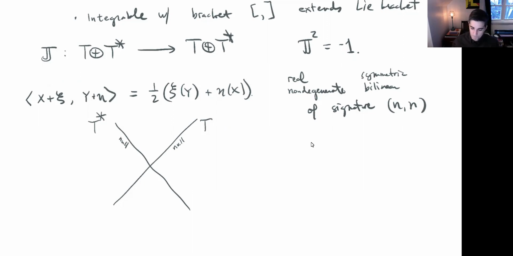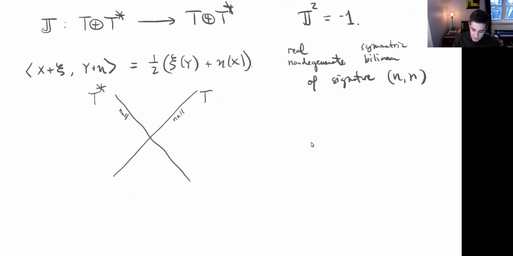And so that means that the structure group of this bundle T plus T star is really O(n,n). It's an orthogonal group. It's the group of transformations which preserve this metric.